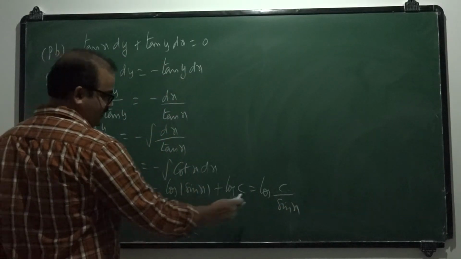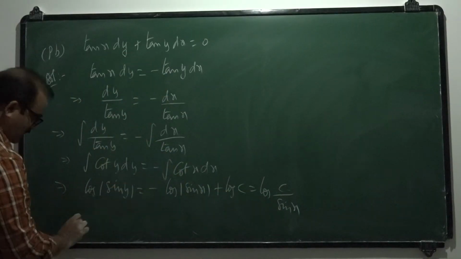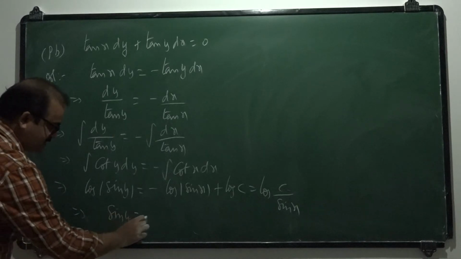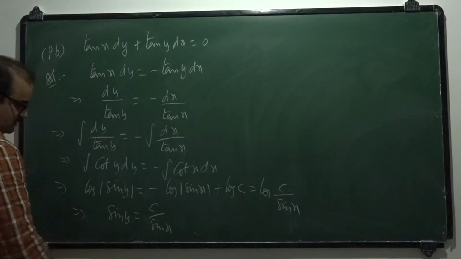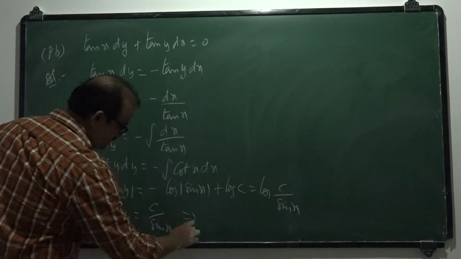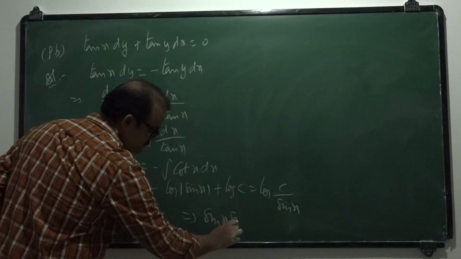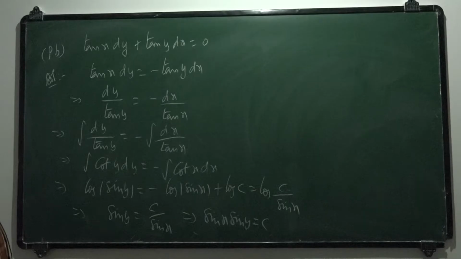Now remove the logarithms, we get sin y is equal to c by sin x. On cross multiplying, sin x into sin y is equal to c.